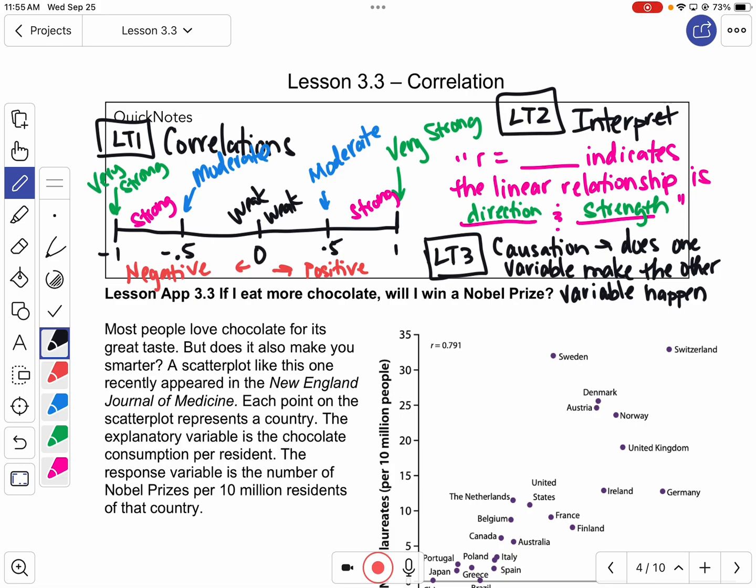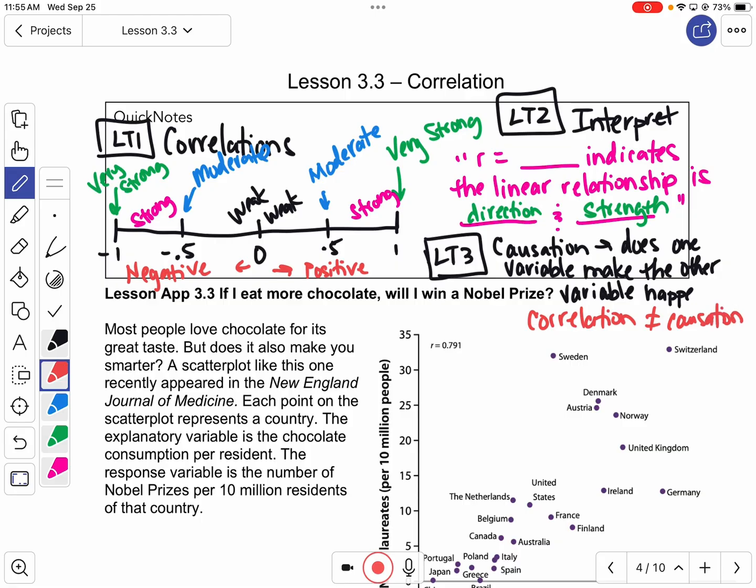We'll look at one in just a second. So one of the things that we say about this is that correlation does not equal causation.